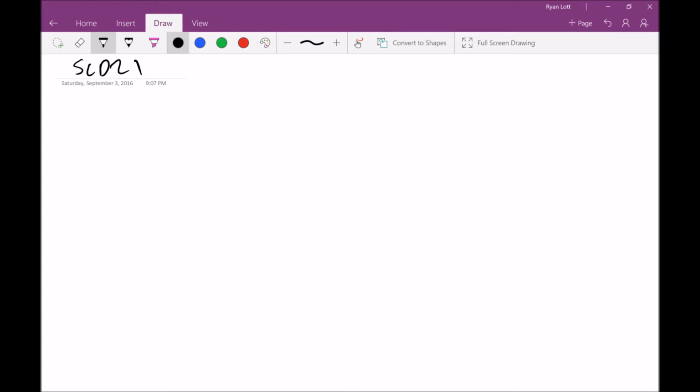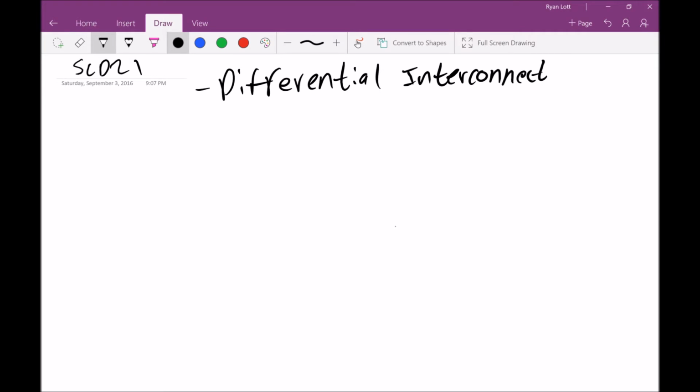So before we begin this lecture, I'm going to basically set the prerequisites. I'm going to assume that you understand what a differential channel is. So we're talking about differential interconnects. And if you don't know what those are, you can feel free to ask me any questions that you have.